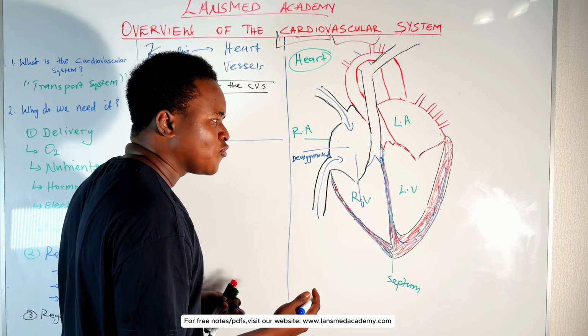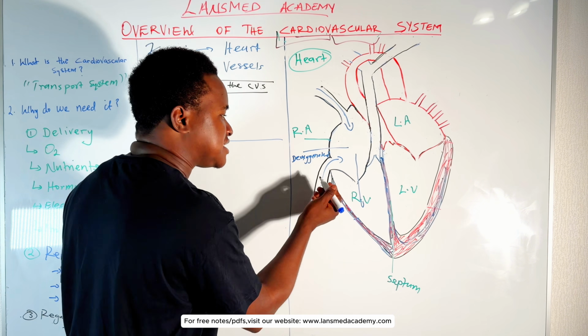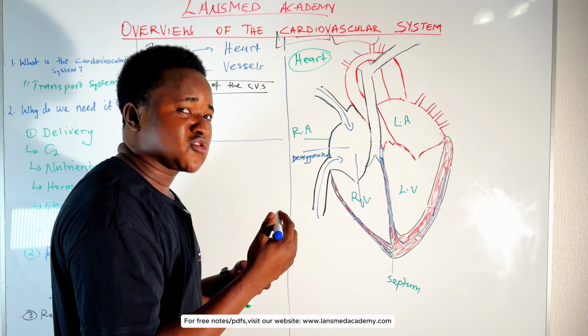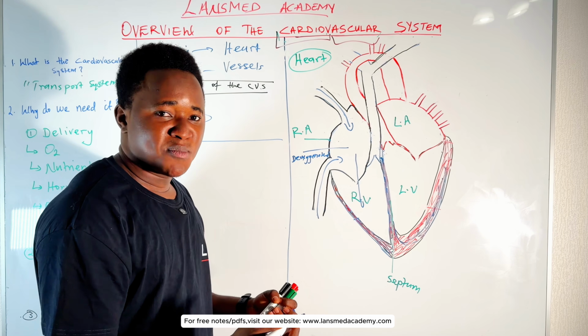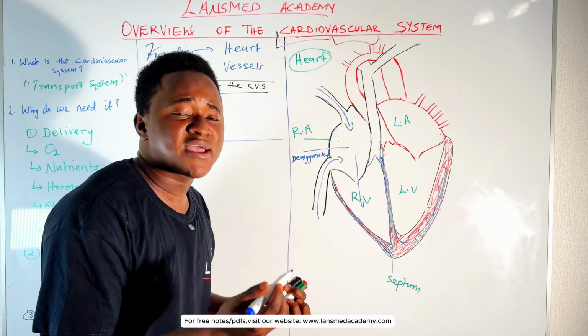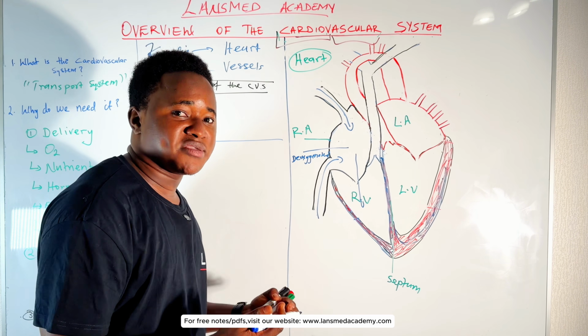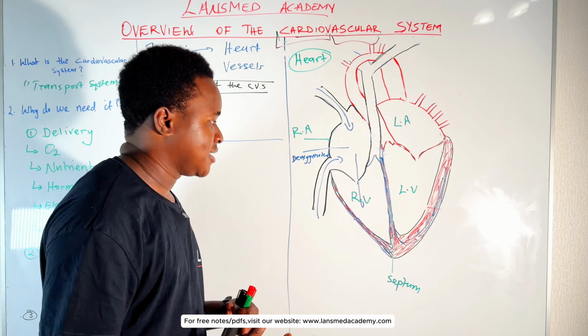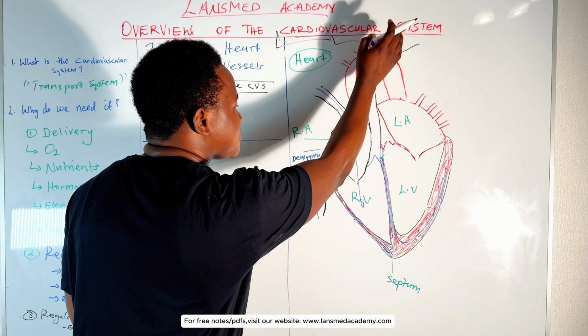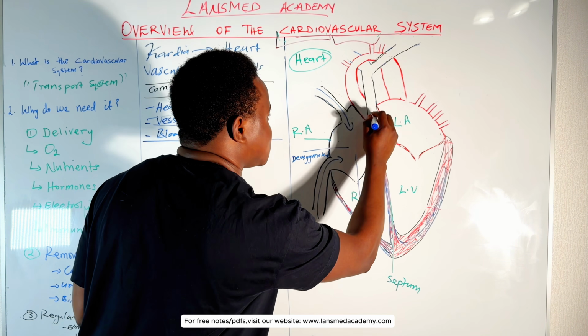Now, what will the right ventricle do? Because it's deoxygenated, and our body doesn't need deoxygenated blood, because in the deoxygenated blood are metabolic wastes that are poisonous or toxic to the human body, it is going to send it to the lungs.